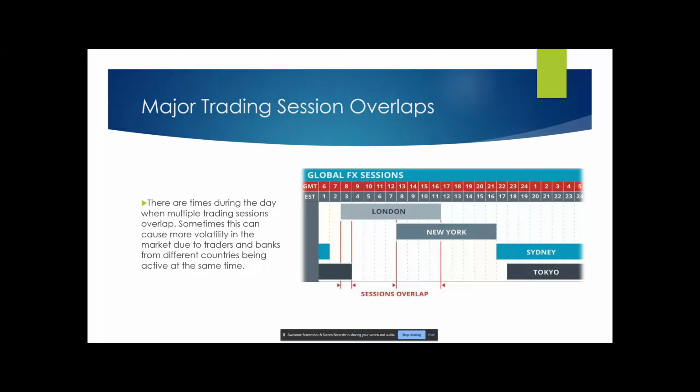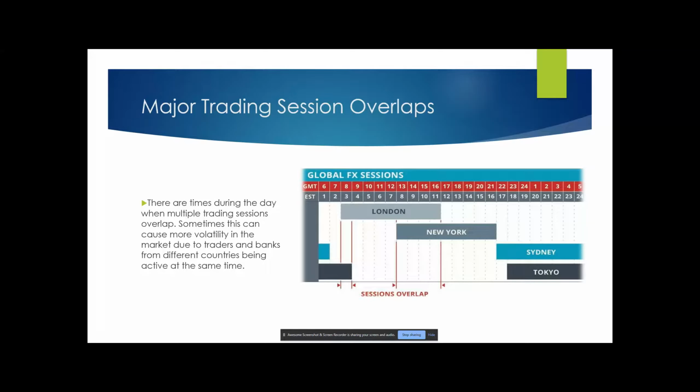Major trading session overlaps. If you look at the graph, you can see that the London session overlaps with the New York session between the hours of 8 a.m. and 11 a.m. So during that time, both sessions are open. And then we have another two sessions that are overlapping, which is the Tokyo session and the London session.